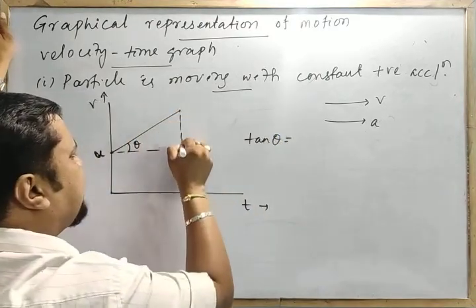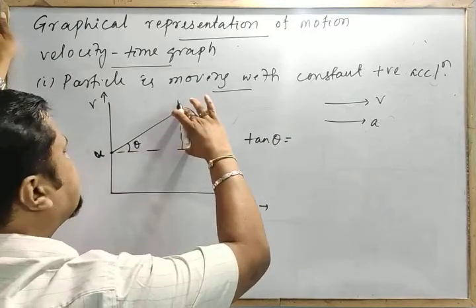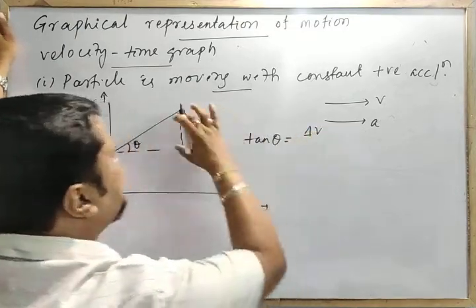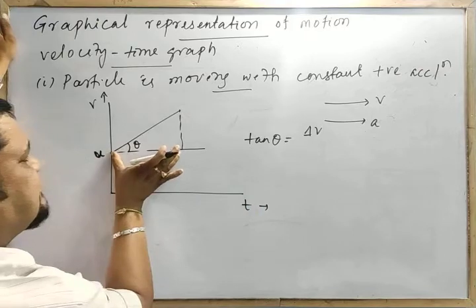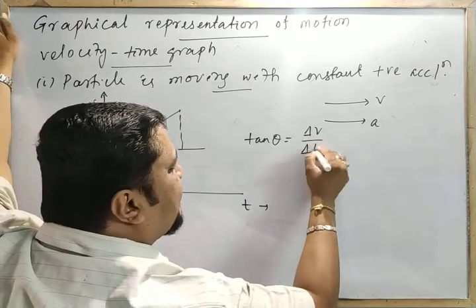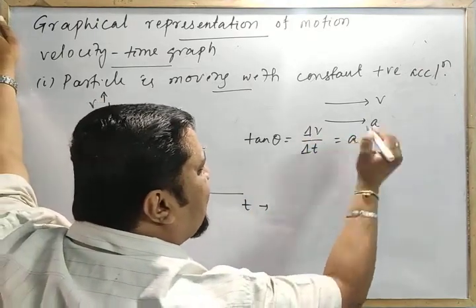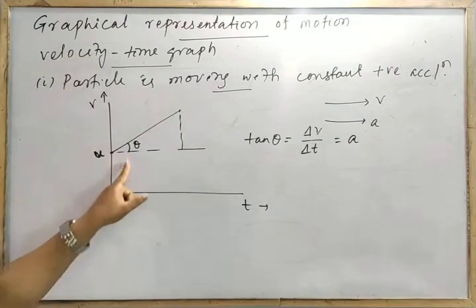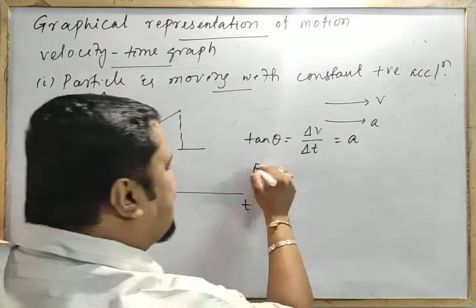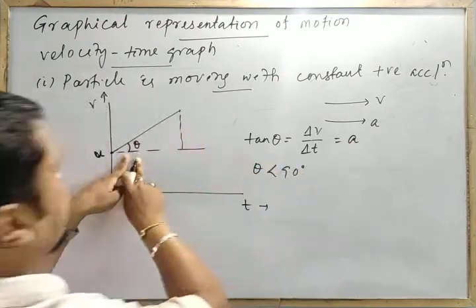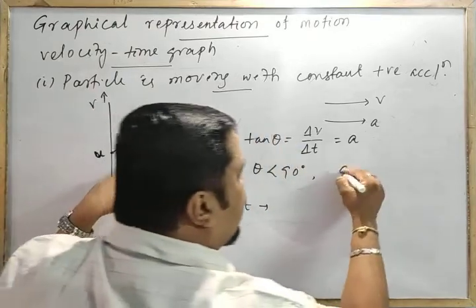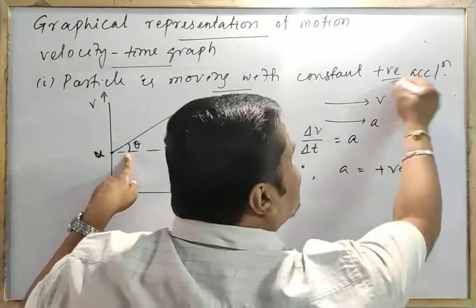Now draw a perpendicular here; tan theta is equal to delta V by delta T. What is this one? Acceleration. And theta is acute, theta is less than 90. So a is positive acceleration.